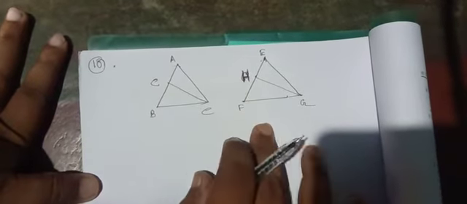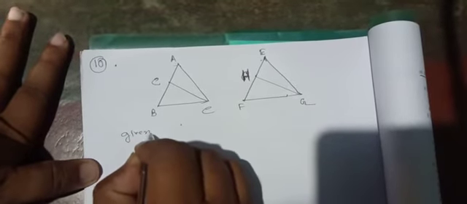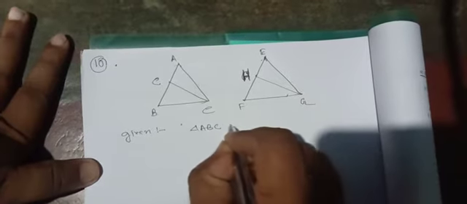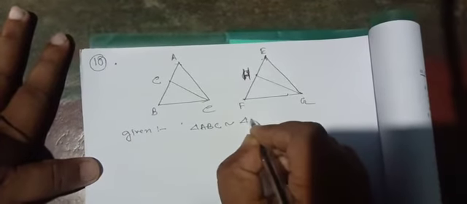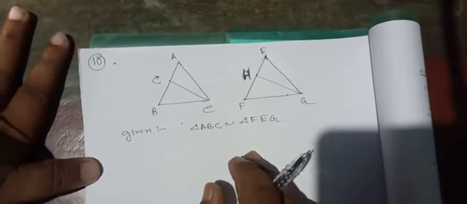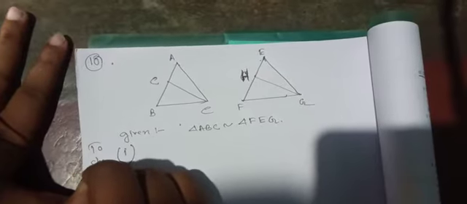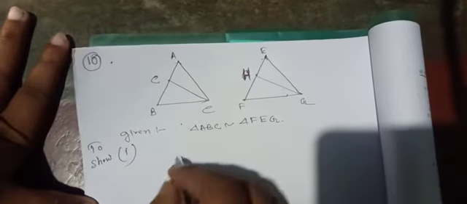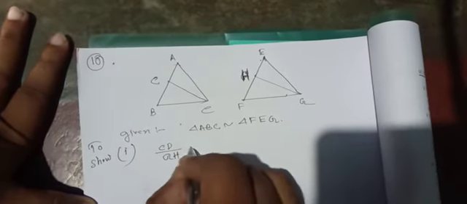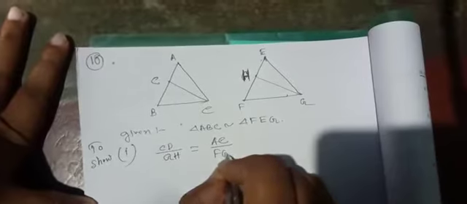Now it is given that triangle ABC is similar to triangle FEG. We have to show, first, CD by GH equals AC by FG.